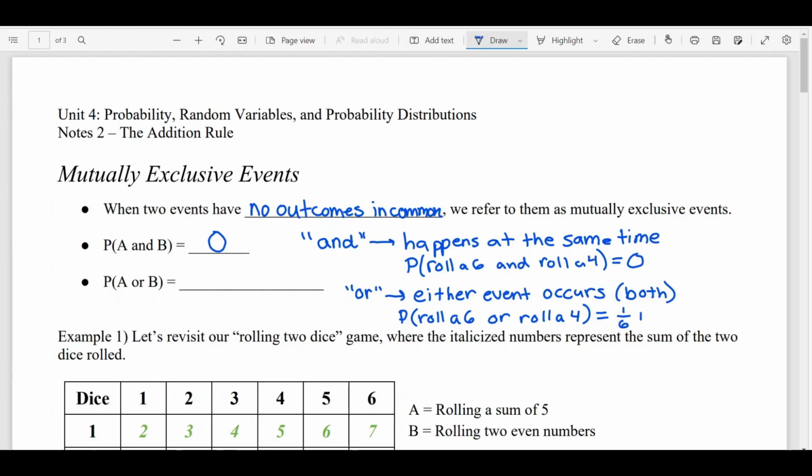The probability that I roll a 4 is 1 out of 6 as well. So those probabilities together are going to give me 0.333. So I added up their individual probabilities in order to get their combined probability. So the formula for the probability of A or B is the probability of A plus the probability of B.